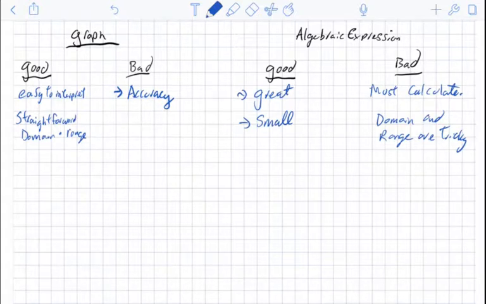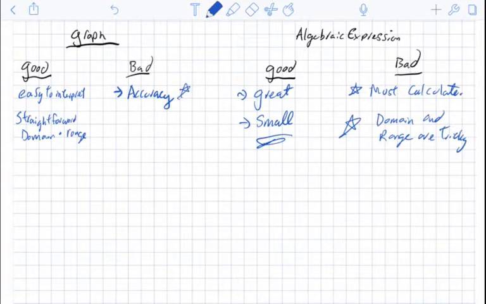Algebraic expressions, you have to do some calculations, but they're very small, so they're easy to write out and explain and hold. So yeah, that's essentially it. The problem with algebraic expressions is you have to do calculations, and it's hard to talk about the domain and range. Whereas with graphs, it's hard to be accurate, but you can interpret all these things.